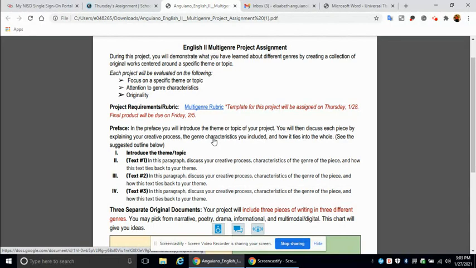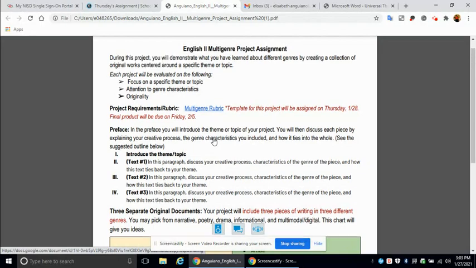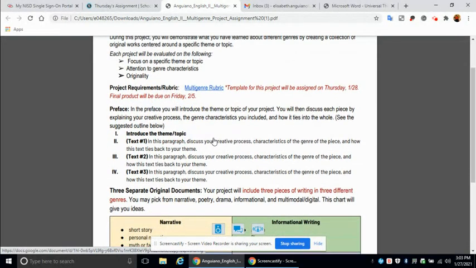And then in body paragraph four, I will discuss my infographic about basketball. That's going to be the preface. Then you are going to include three separate original documents. I chose a short story, a poem, and an infographic, so those would need to be in three different documents.